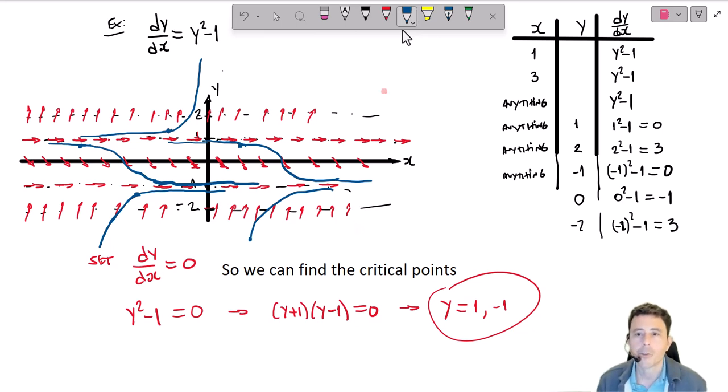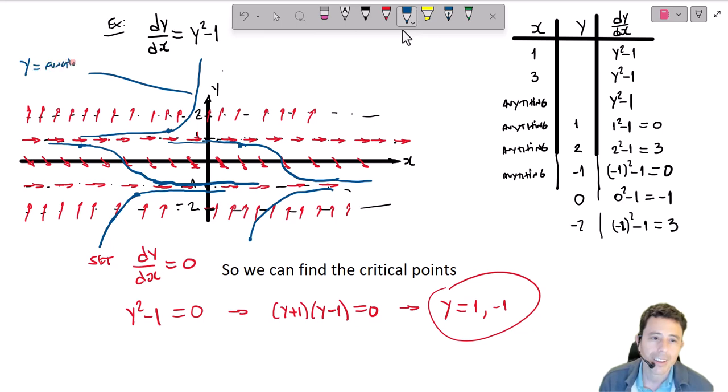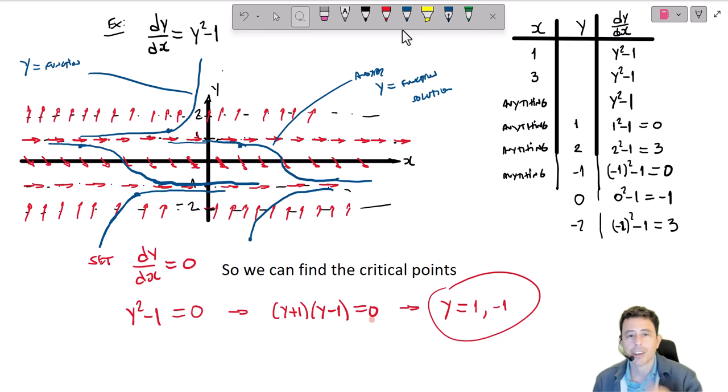So this is a function. This is a solution. Here's another one, another solution, right? Another solution here. So several solutions. And we did all of this by finding, so the idea is to find the critical points where the derivative is 0.